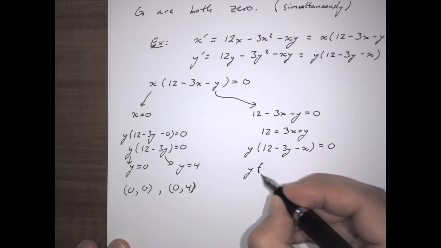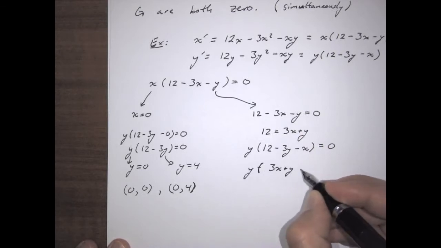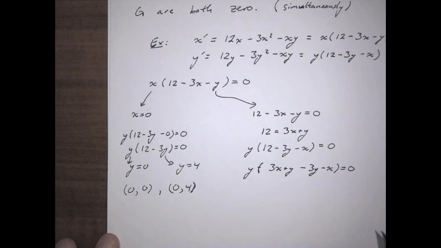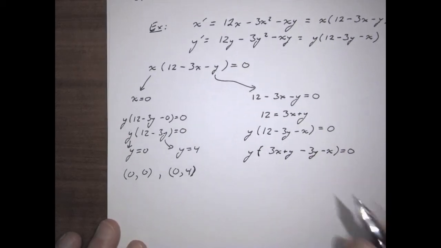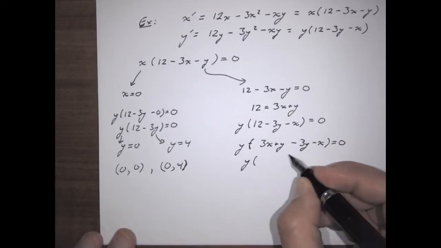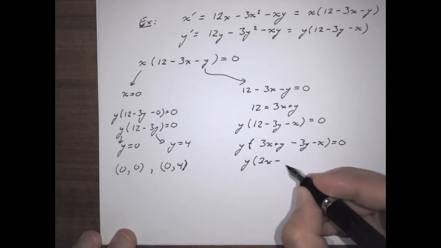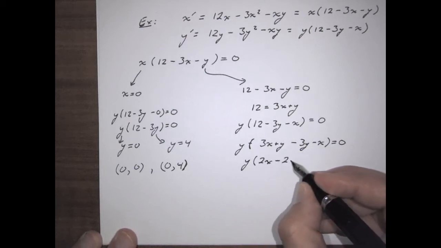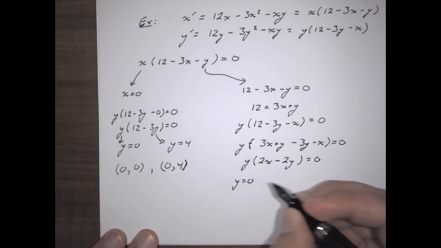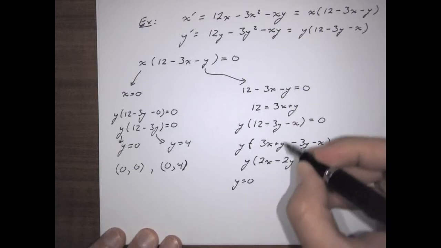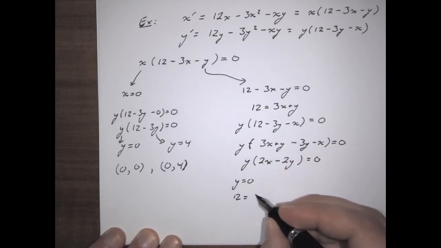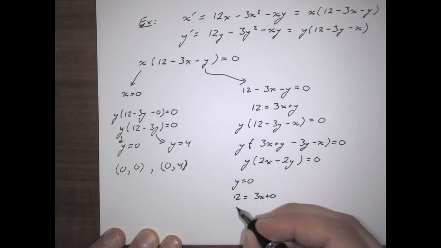So y times 3x plus y minus 3y minus x equals 0. There are more systematic ways of doing this, but you can also just put things together until you figure out where you stand. Simplify this a little bit: 2x minus 2y equals 0. So this leads us to either y equals 0, in which case 12 equals 3x plus 0, which means x is going to equal 4.